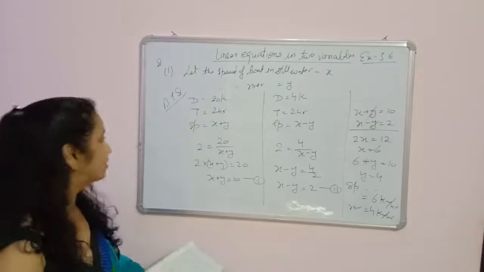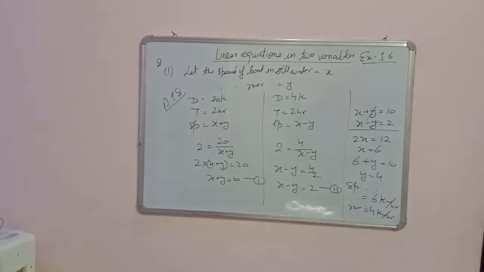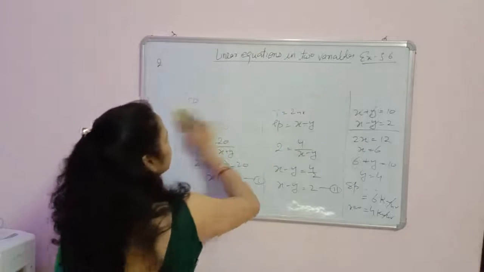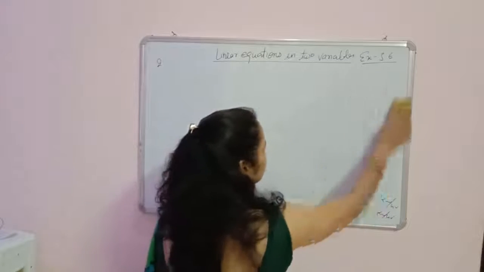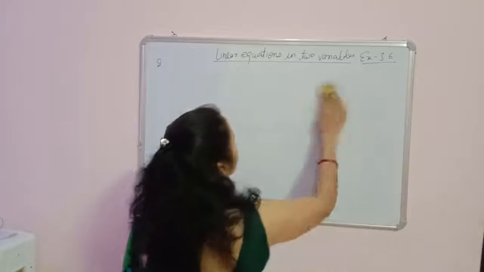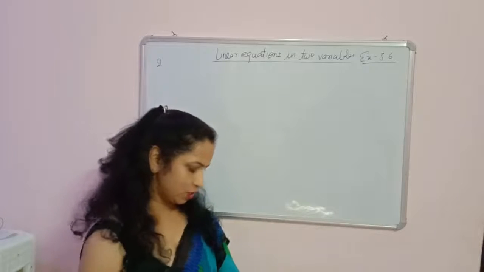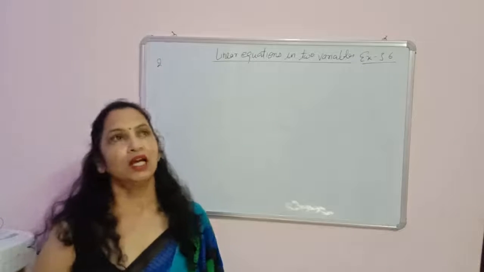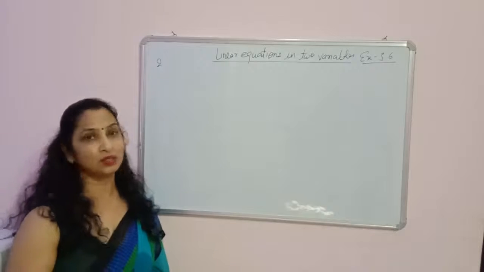I am doing the second question. So the second question is, just try to understand. Before going through the question, I am going to explain something. Like one of you, Susan.